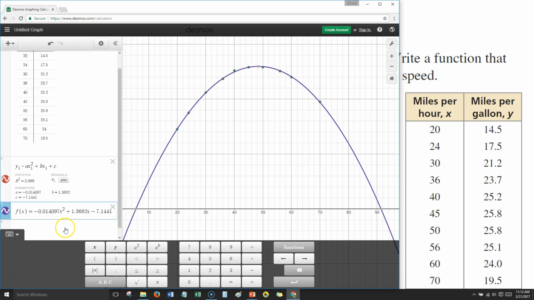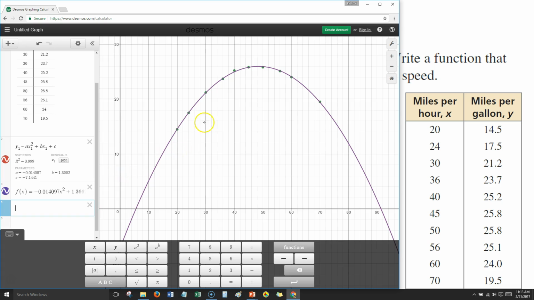And so what I can do now is find the value of this function at any x value. So x values are miles per hour. What would it be at 80 miles an hour? I could just type in f of 80, and I get about 11.9 miles per gallon with that car.